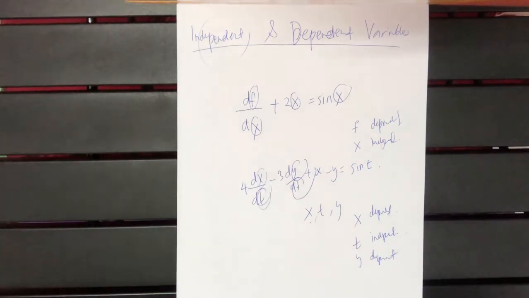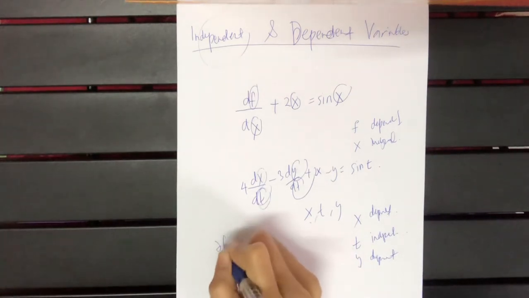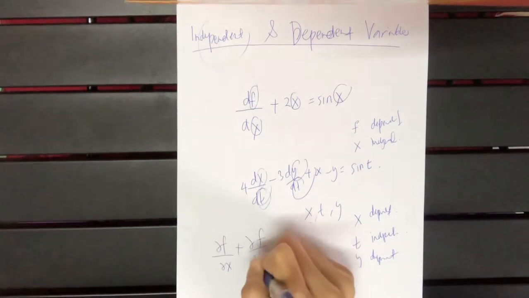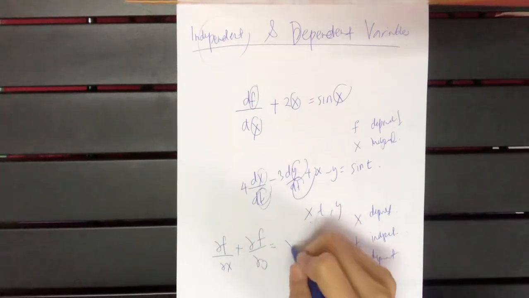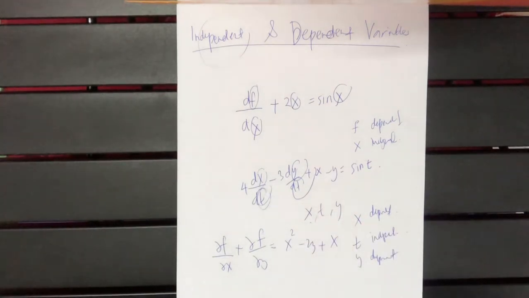Okay, one more question. df dx plus df dy equal to x squared minus 2y plus x. How many variables do you have?